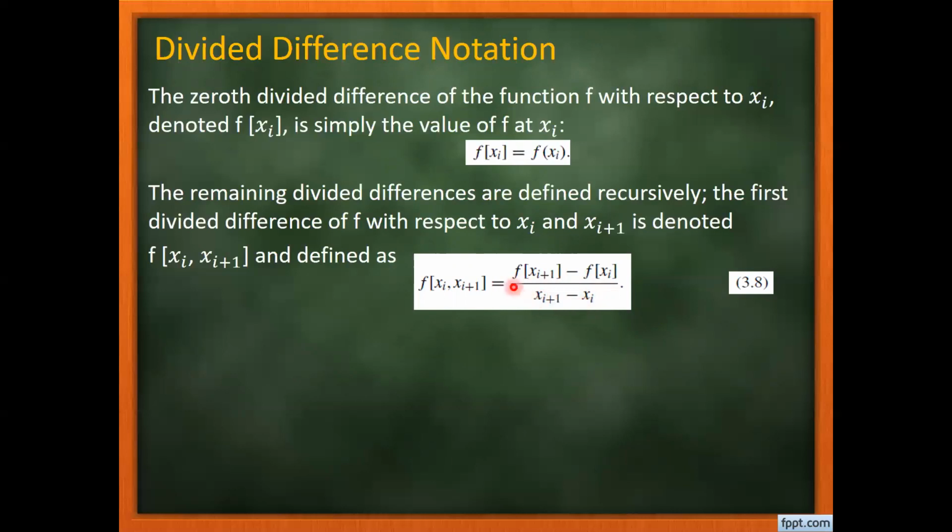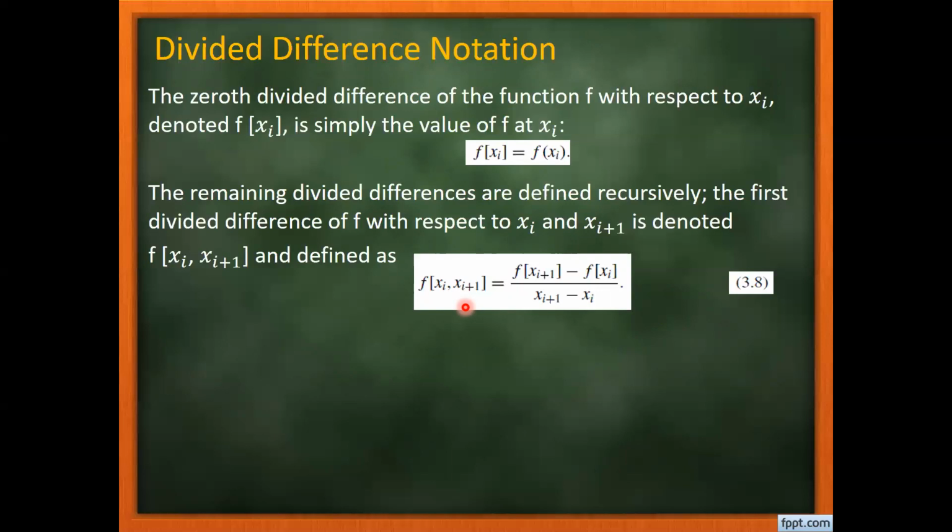This means it is actually the divided difference of the zeroth order divided difference. I'm hopeful you got my point. So the first order divided difference is the ratio of the difference of zeroth order divided differences to the difference between two node values.